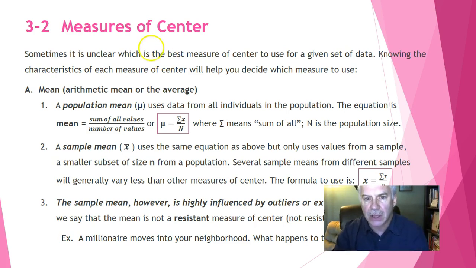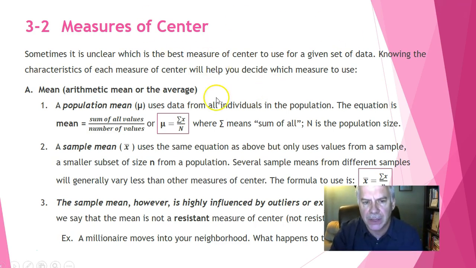And we start off talking about the mean, or the arithmetic mean, also normally called just the average. Average and mean are the same thing in statistics. So the average of a set of data is one way to measure the center of the data, or approximately where the middle of the data is.